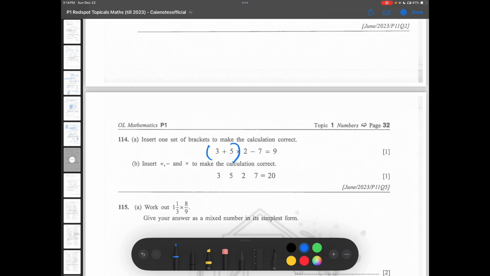Insert plus, addition, negative, or multiplication to make the calculation correct. If I write 3 plus 5, 8 minus 2, 6 multiplied by 7, it won't give me a correct answer, right? If I do 15 minus 14, it won't be correct. 3 into 5, 15.